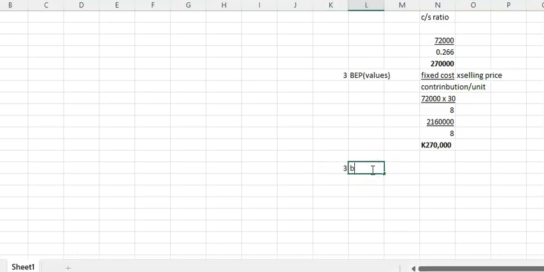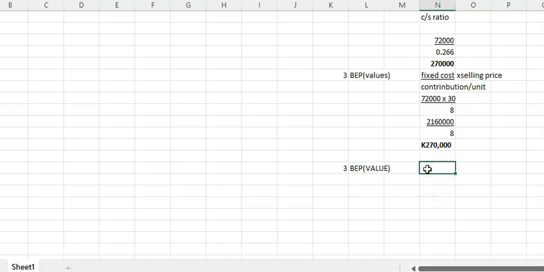I'm addressing the question we previously calculated on calculating the break-even point in value. You can calculate it in 3 ways. I'm addressing those ways so that we go to the last question, which talks about targeted profit.